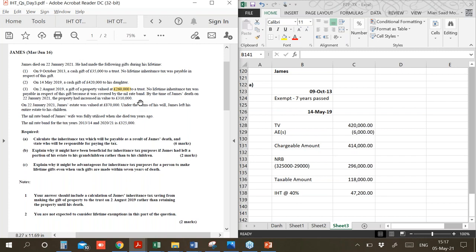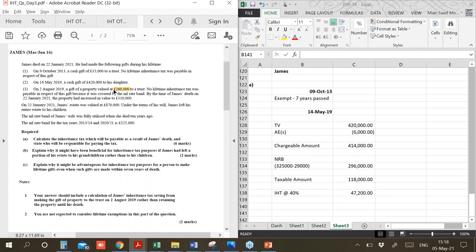So that was the requirement in the last part, to calculate the saving, that is, what is the benefit that James had because of making the gift earlier rather than retaining it in the death estate. It is pretty obvious, guys, that he has saved the difference of the value as inheritance tax. If he would have kept it till death, there would have been a tax on 310,000 at 40%.